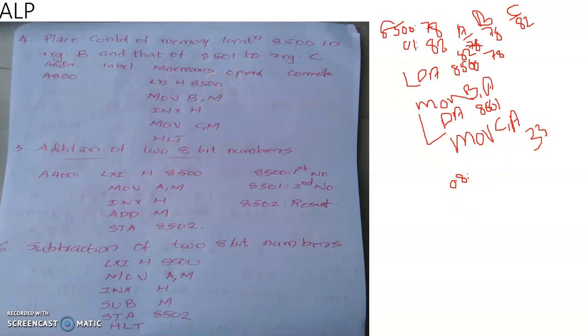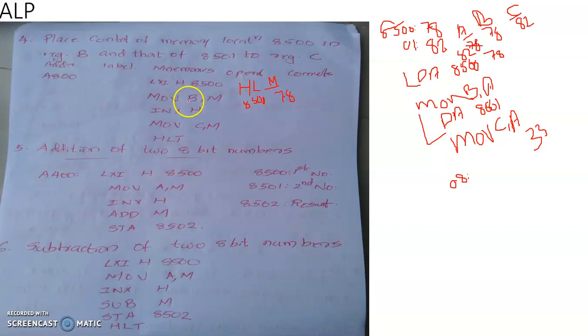LXI H, 8500: load the HL pair directly, not with the content of the memory location but with the address 8500. So now the HL pair is loaded with the address 8500. The content of this memory location pointed by the HL pair is referred to as M, memory. M now will have the content of 8500, which is 78.